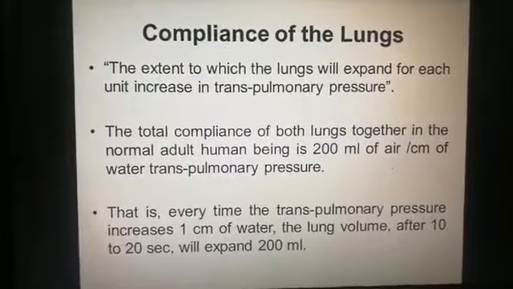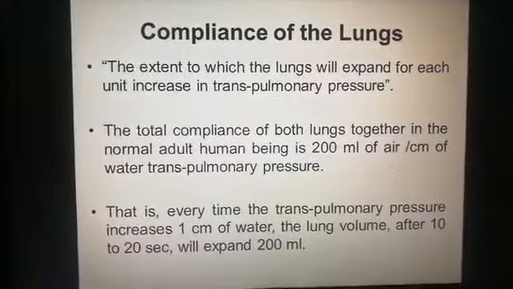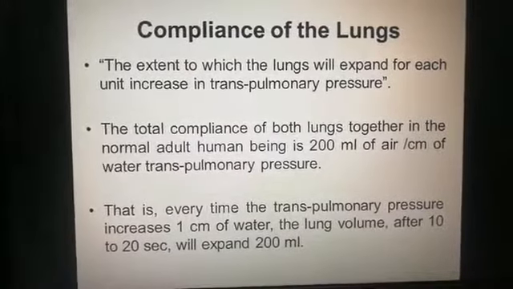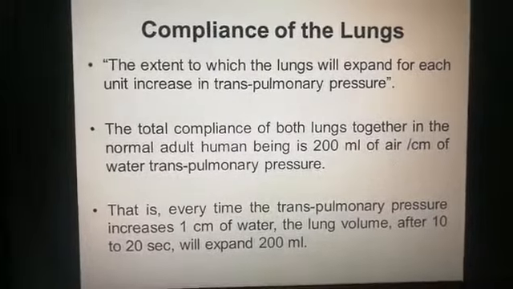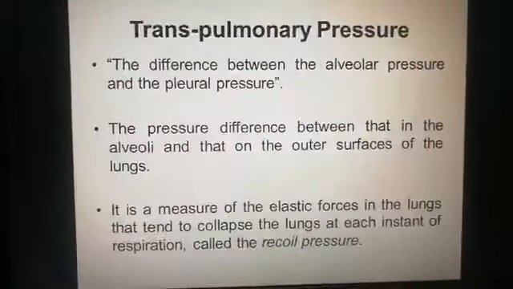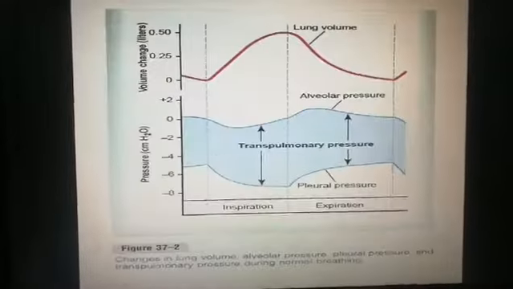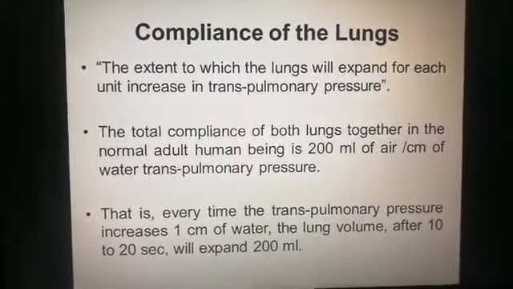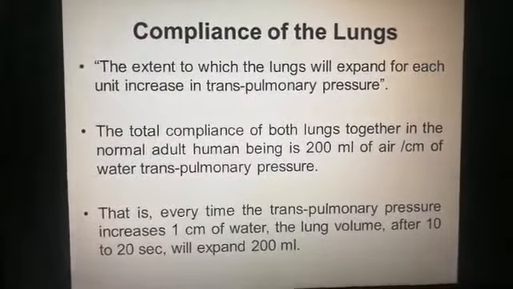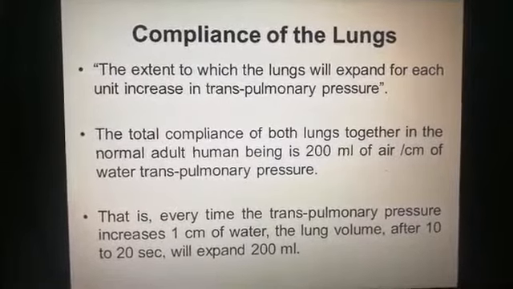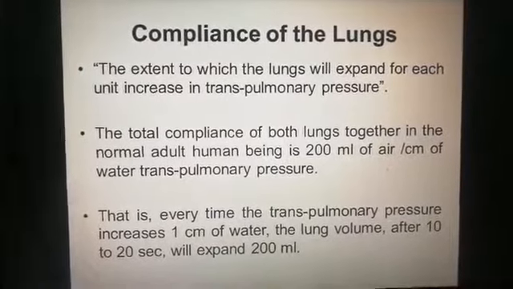And compliance of the lungs is the extent to which the lungs will expand for each unit increase in transpulmonary pressure. So you have studied what transpulmonary pressure is, that is the difference between the alveolar pressure and the pleural pressure. For each unit increase in transpulmonary pressure, the extent to which the lung will expand is called compliance.